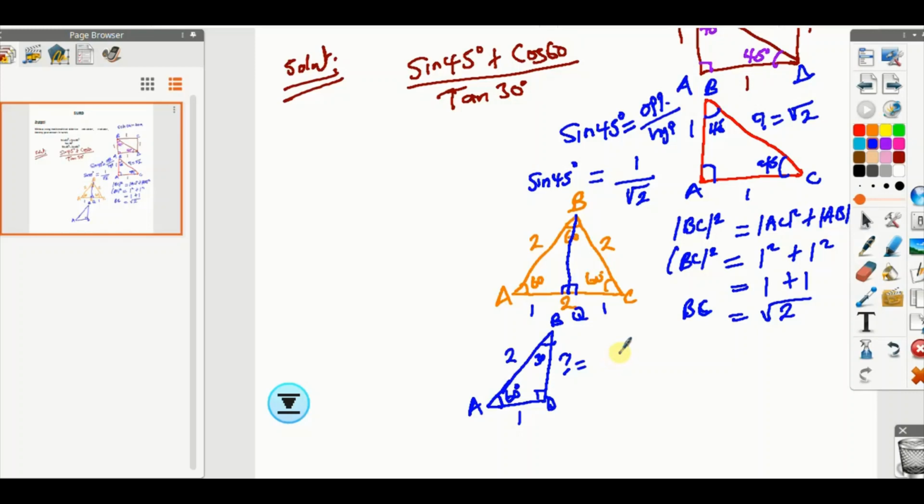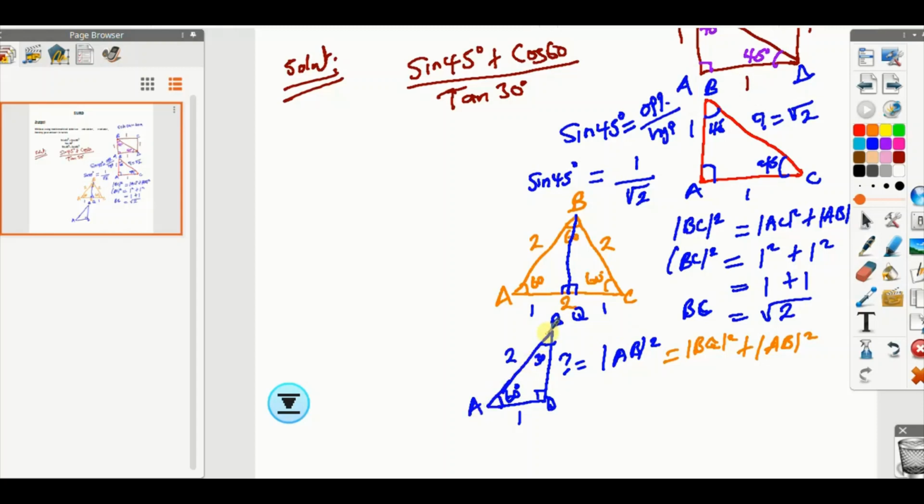So we have line AB square will equal to line BQ square plus line AQ square, right?